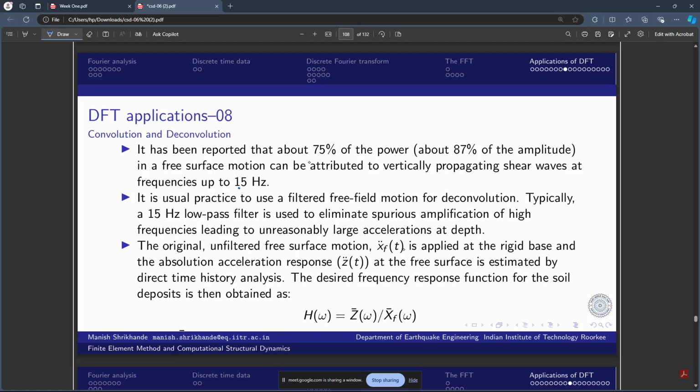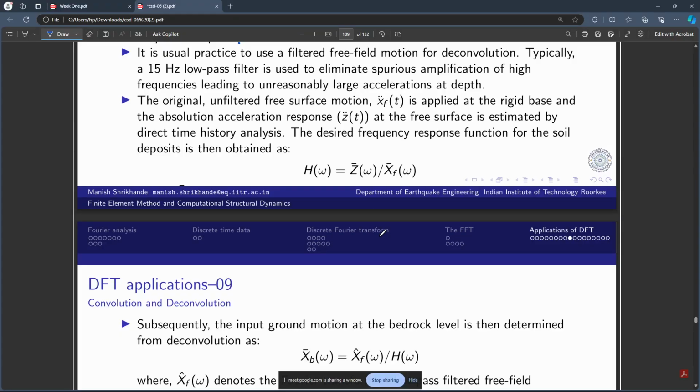This is intuitive. Typically a 15 hertz low pass filter is used to eliminate the spurious amplification of high frequency leading to unreasonably large acceleration, so that the desired frequency response function for the soil deposit is then obtained as follows.